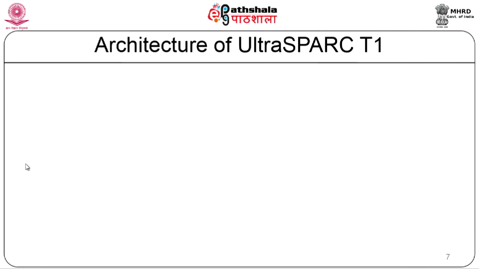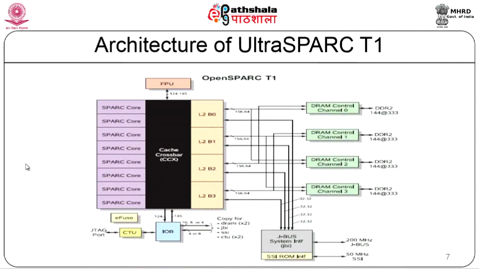If you look at the architecture of the UltraSPARC T1, we will use the names UltraSPARC T1 and Niagara interchangeably, because UltraSPARC T1 is codenamed Niagara 1 and UltraSPARC T2 was codenamed Niagara 2. You can find that there are 8 SPARC cores and 4 L2 banks.